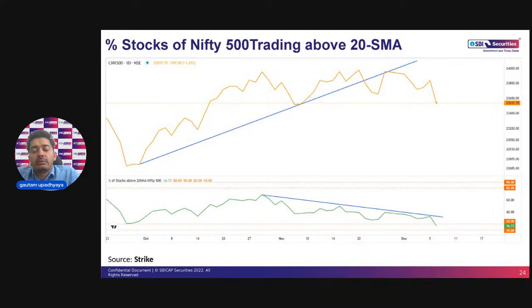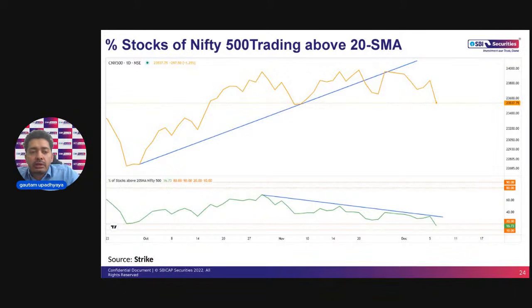And अगर चार्ट पे भी देख सकते हो कि the index is making higher tops, but the percentage of stocks making a fresh high or trading closer above their 20 SMA is significantly less. जो हम लोग डाइवर्जेंस जो कॉन्सेप्ट है टेक्निकल एनालिसिस में, you can clearly see it in this particular example, with the index gradually moving higher, while the number of stocks which are making a fresh lifetime high or trading above their short term averages is gradually declining.